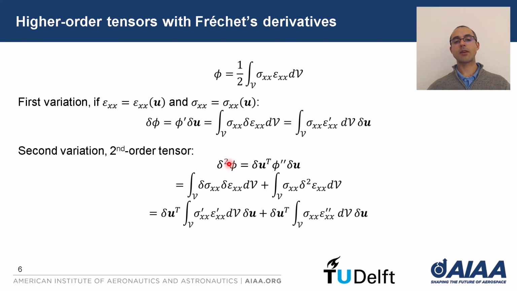So up to the second order, it is possible to represent this multiplication using the transpose symbol quite simply. We'll see how this becomes more complicated for higher order derivatives.